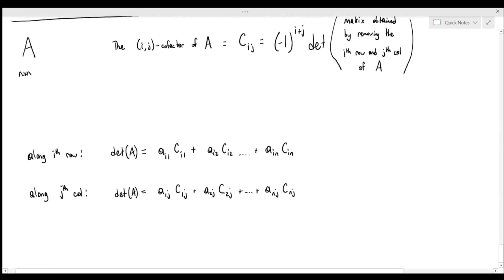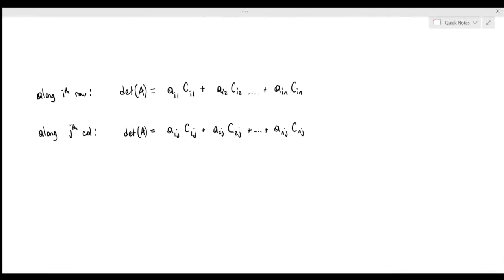Okay. So let's see how to use this method for computing the determinant of a 3x3 matrix. Let me use the same 3x3 matrix that we did earlier. Earlier we computed the determinant of this 3x3 matrix, and it happened to be equal to 6.